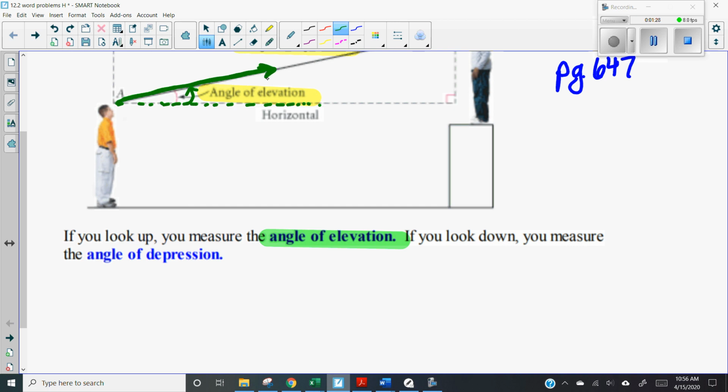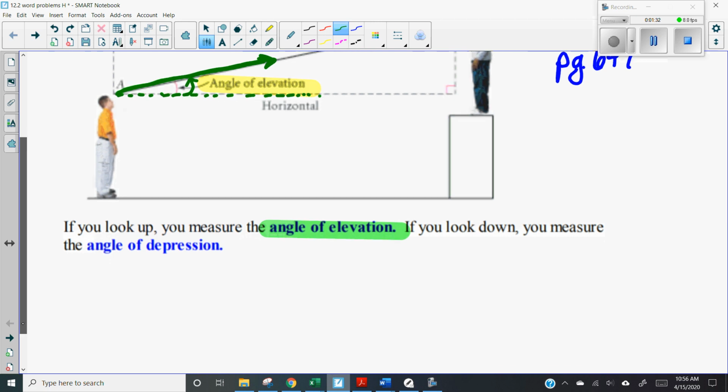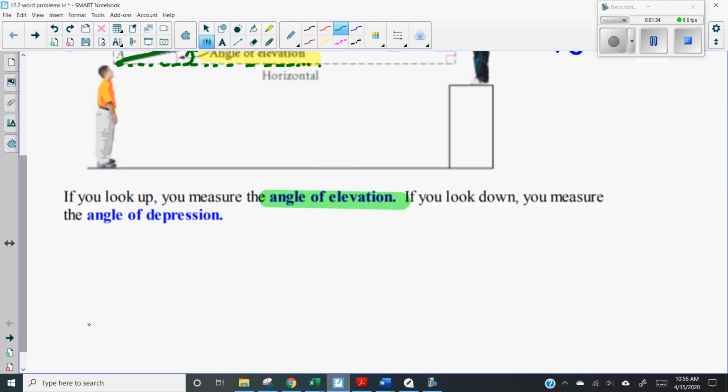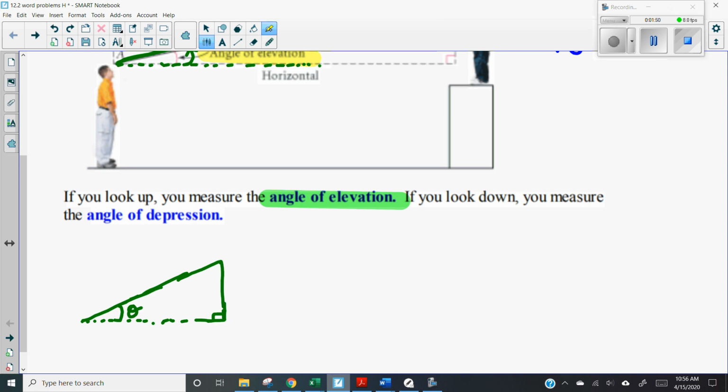Where your eyes are facing between that and the horizontal, that's how we create the angle of elevation. So typically, an angle of elevation will be ground level, horizontal, looking up. This is the angle that's created. And then somehow in there we'll drop down to the horizontal and create this little right triangle. So that's the angle of elevation.